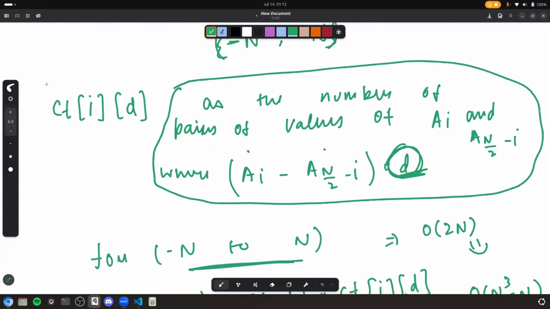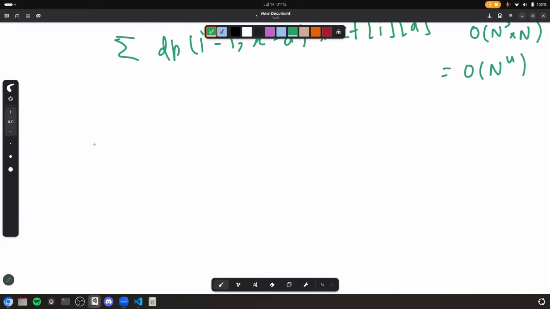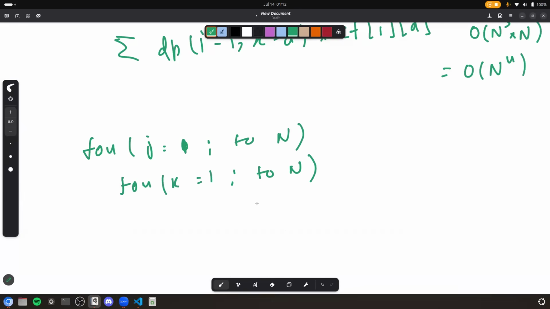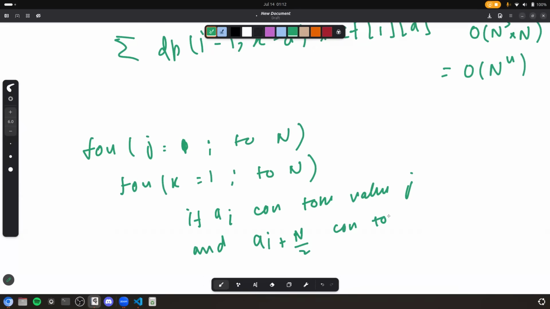And now we need to calculate this, and calculating this is quite simple. What we can do is just for loop over j from 1 to n, and again for k from 1 to n, if a_i can take value j and a_(i+n/2) can take value k, then I can just simply increment count of i and whatever is the difference between these two.